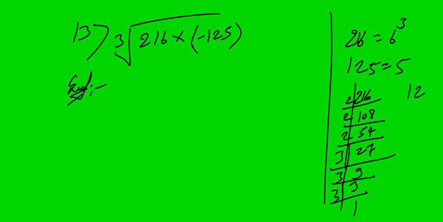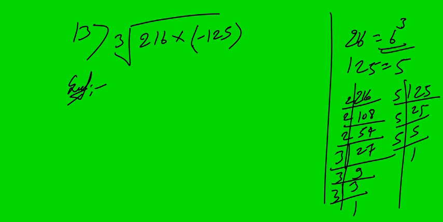Similarly for 125 you can find the prime factors: 5 gives 25, again 5 gives 5, and the next 5 gives 1. If you know that 216 is the cube of 6 and 125 is the cube of 5, then directly write it. Otherwise you have to find the prime factors and write them.